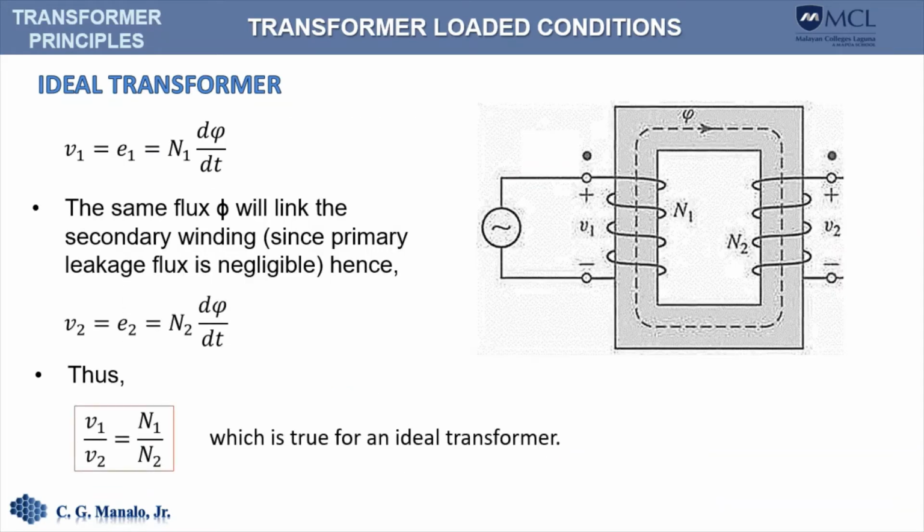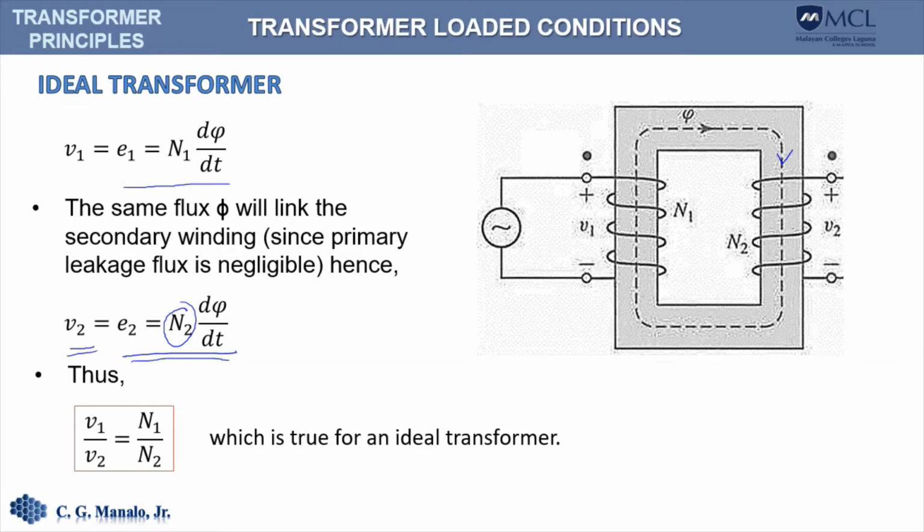By Faraday's law, we can determine the induced voltage at the primary winding. And since the same flux produced by the primary winding links to the other winding at the secondary, the secondary induced voltage is given by this, where it is proportional to the number of turns of the secondary winding, and that would also be equal to the terminal voltage at the secondary winding.